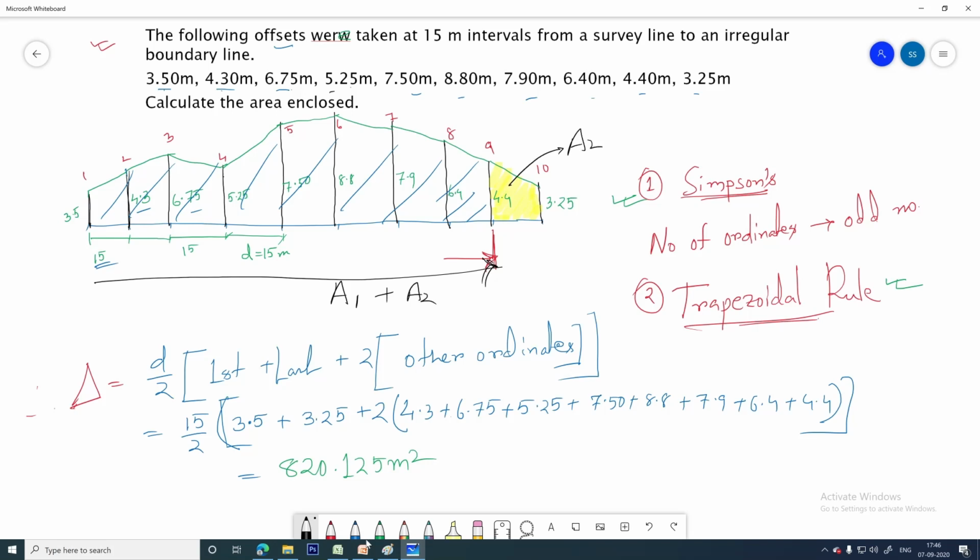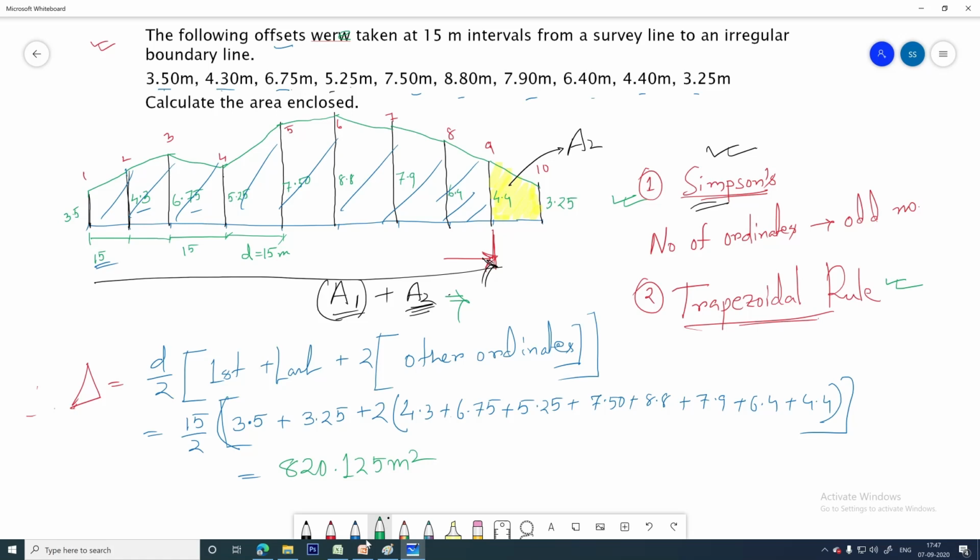A1 will be determined using Simpson's 1/3 rule, a technique I have already told in the previous classes, and A2 using the trapezoidal rule, and you just sum up those two. This is your task.